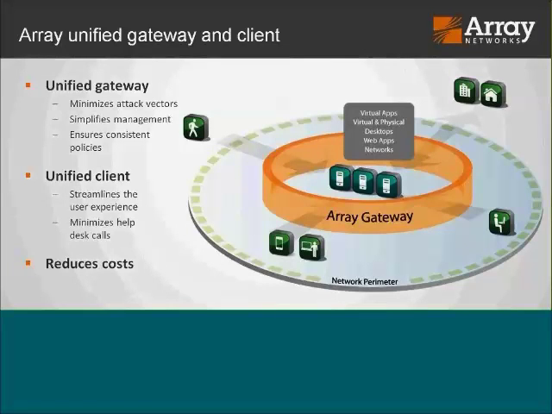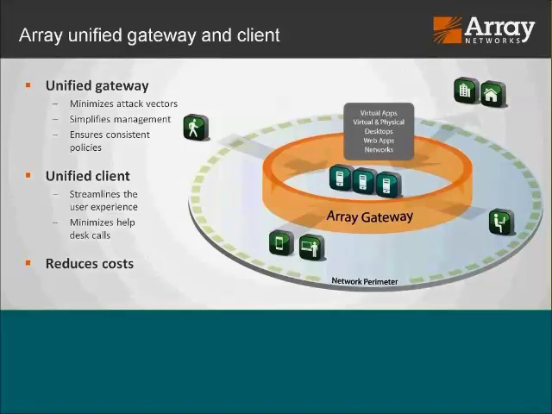From the end user perspective, with the unified client, there's one client, whether that's on a PC or on a mobile device. You fire up one client, you log into that, and from there you have a streamlined user experience where you can access any resource, whether it be Citrix, VMware, Microsoft, web app, client-server app, doesn't matter. They're all just listed there as icons, and you simply tap the one you want and you get access to it.